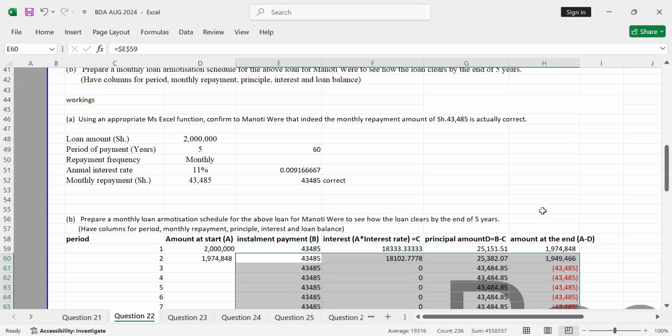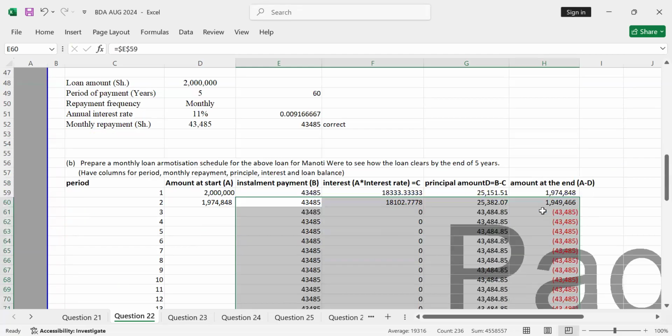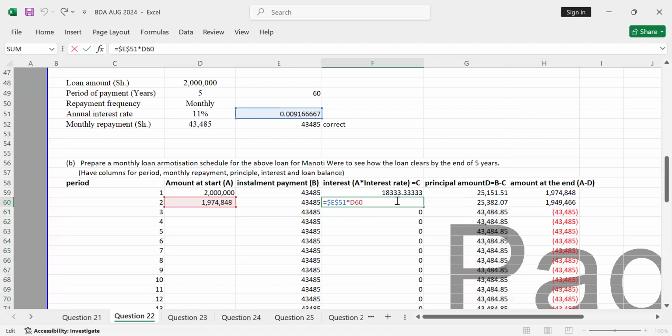I think there is a negative that I have not removed. Sorry.